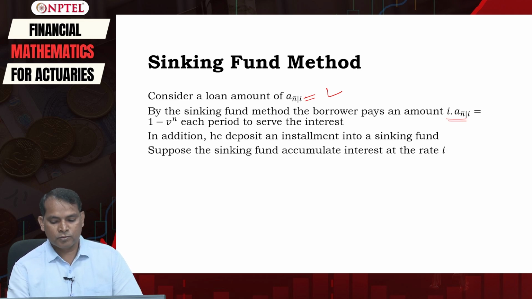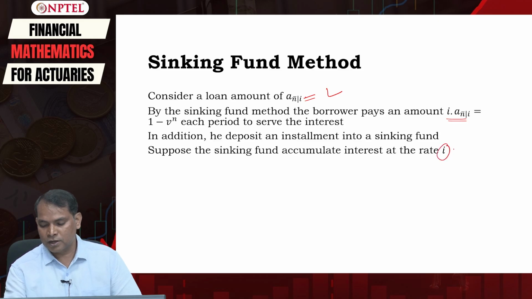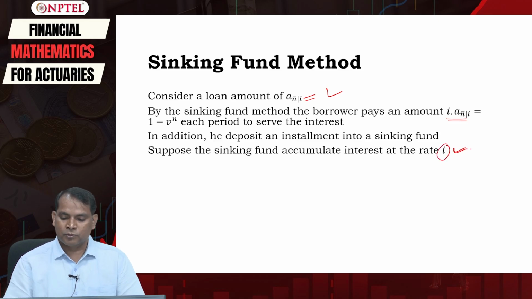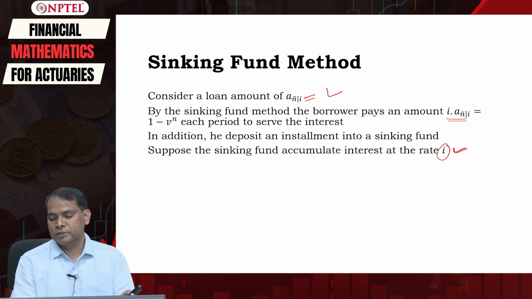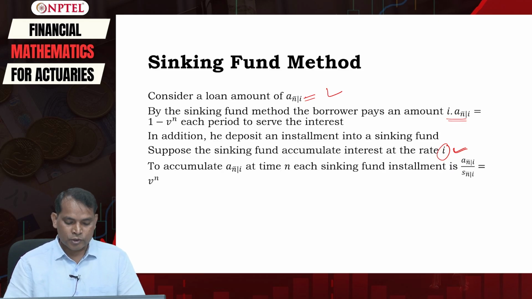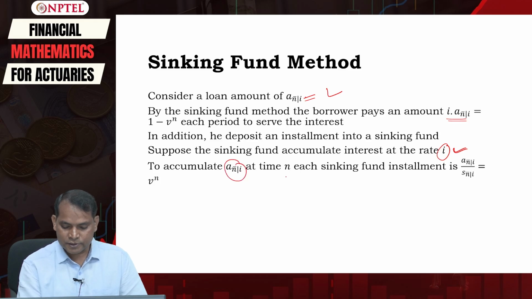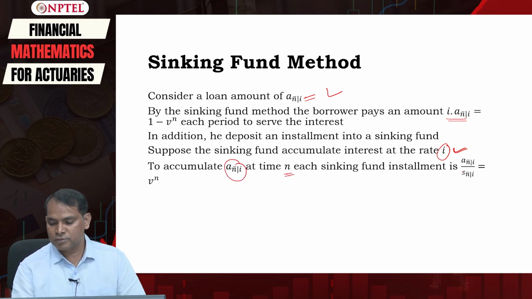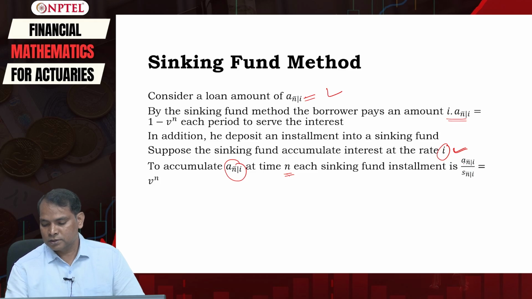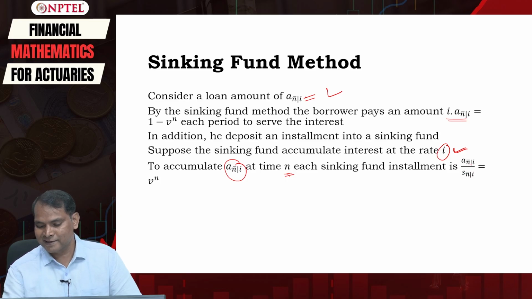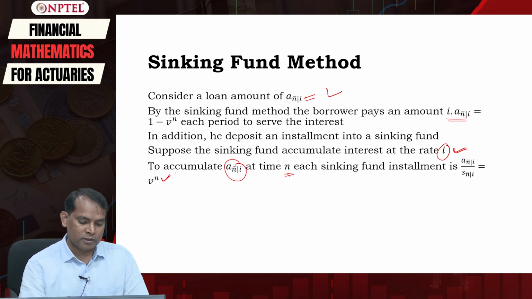Suppose the sinking fund accumulates at the interest rate i. So i is the interest rate the borrower will get if he deposits in the sinking fund. To accumulate a angle n at i at time n, each sinking fund installment is the initial loan divided by the accumulated value, so a angle n at i divided by s angle n at i, which is equal to v to the power n.